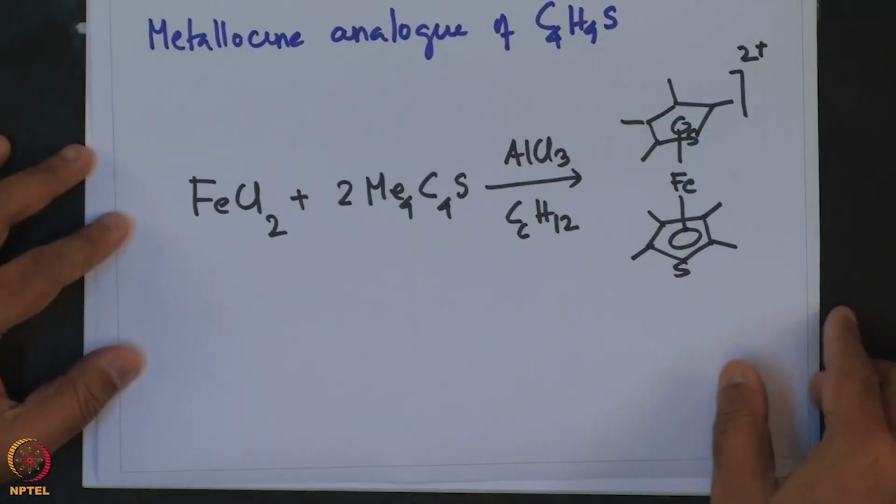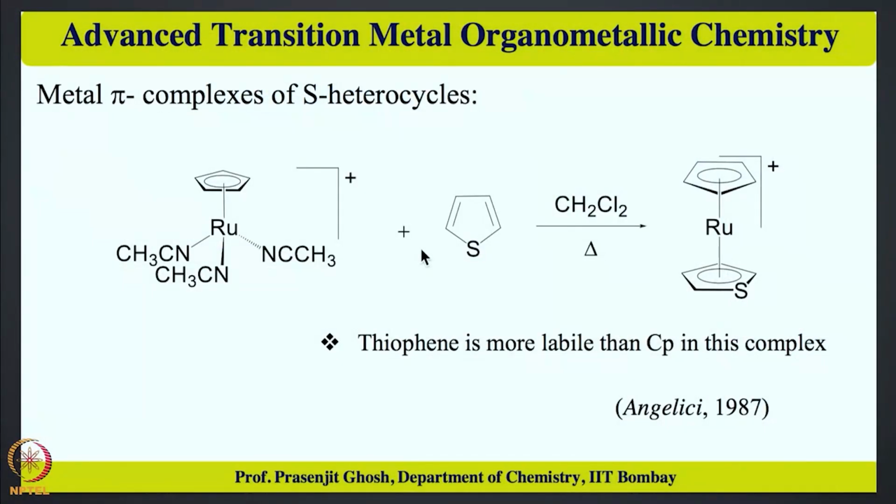Similarly, mixed thiophene cyclopentadiene ligand can also be obtained from a ruthenium complex. This is also an interesting reaction that eventually gives rise to mixed ligand.